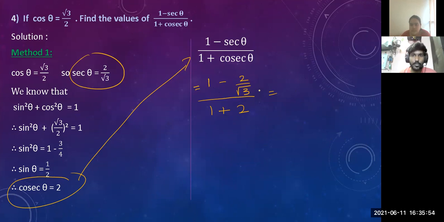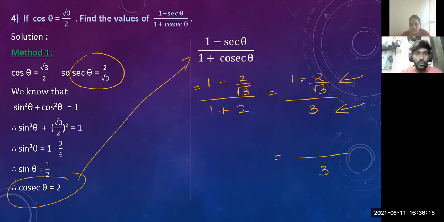Okay, look here carefully now. This is 1 minus 2 upon root 3 upon 1 plus 2, that is 3. Now just look at the numerator. This is numerator, this is denominator. Denominator, I'll write it as it is, 3. Now the numerator, we'll have to do cross multiplication. This is 1 upon 1, nothing means 1, and now do the cross multiplication.